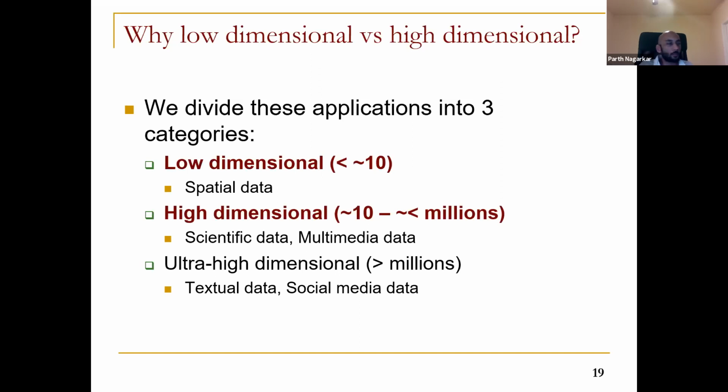Again, our focus will be on low dimensional and high dimensional data sets. And at this point, I'm going to give the mic to Arnab, who is going to explain the state-of-the-art techniques in low dimensional data. And after that, I'll come back and explain for high dimensional data.